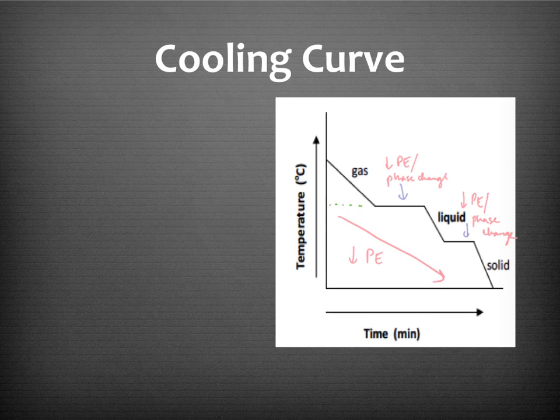Now over here, during this phase change, that we call our condensation point, or sometimes they keep it simple, boiling point, and over here is our freezing point, where it goes from liquid to solid. So like I said before, this gas to liquid is condensation. And over here, liquid to solid is freezing. And to top this off, cooling curves are exothermic. So think about it, you're releasing heat to cool down.